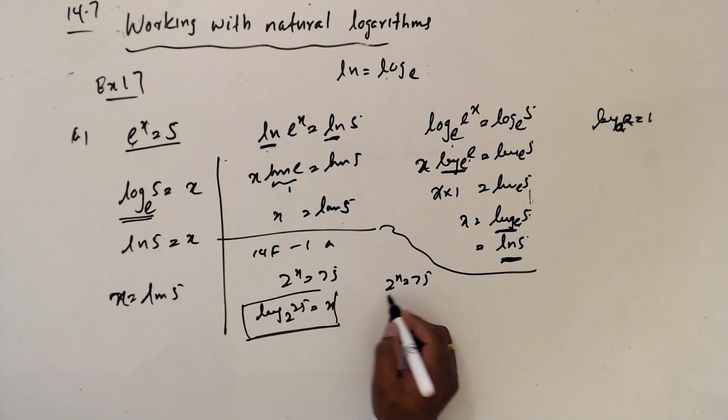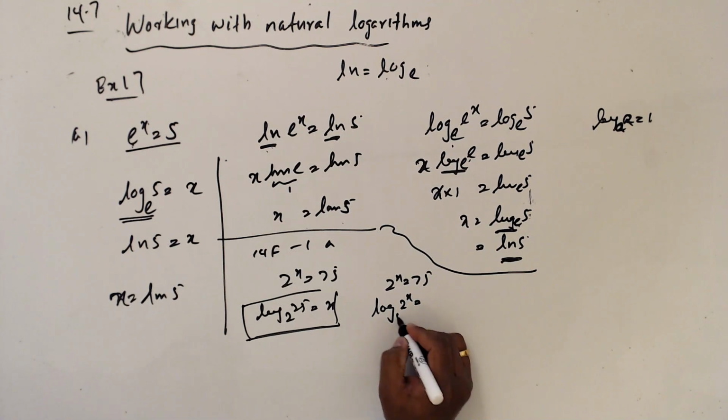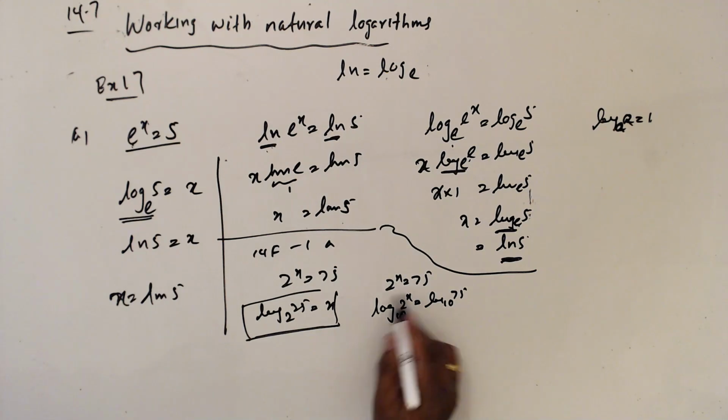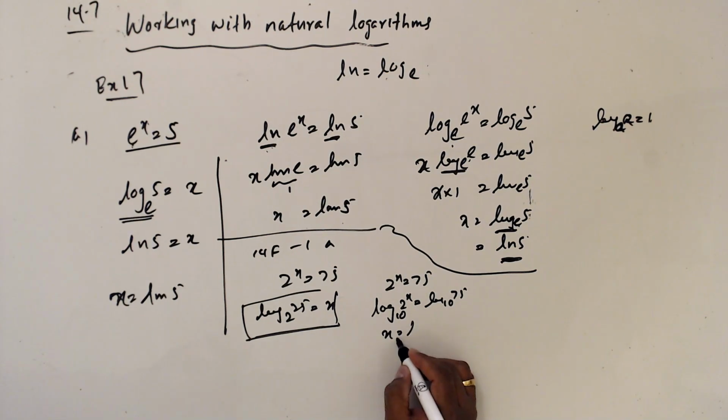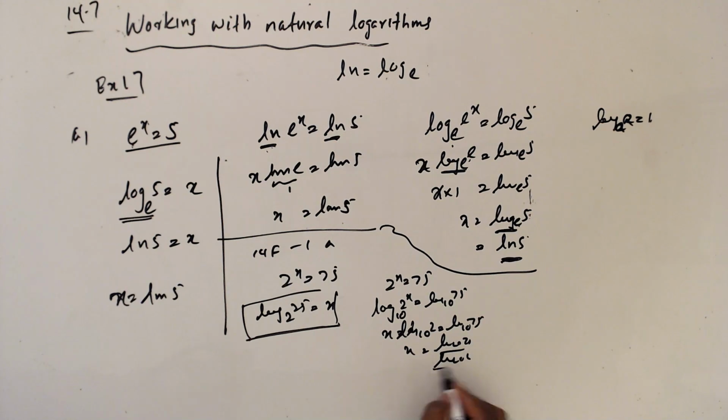We can take any base, but we stay with log base 10, the common base. So log 10 of 2 to the power x equals log 10 of 75, so x log 10 of 2 equals log 10 of 75. This is a form of working.